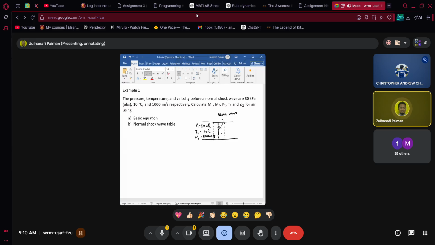Make sure you are able to sketch this kind of thing. So this is the question. What is the M1? What is the M2? What is the P2 and temperature as well as the density?